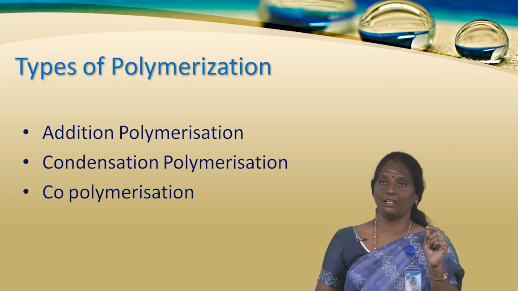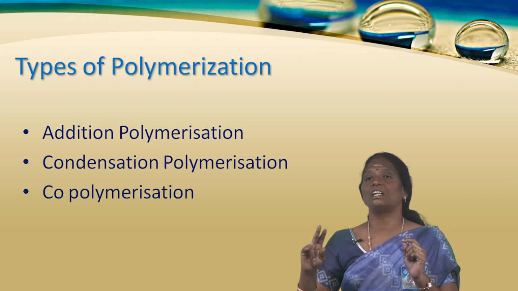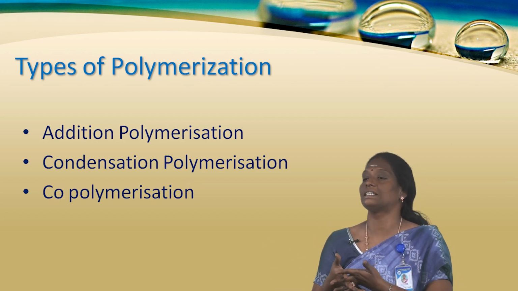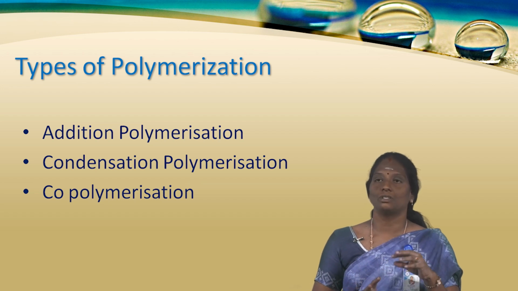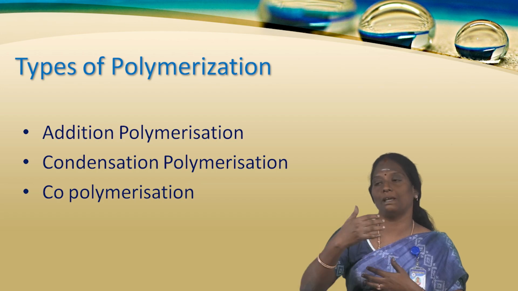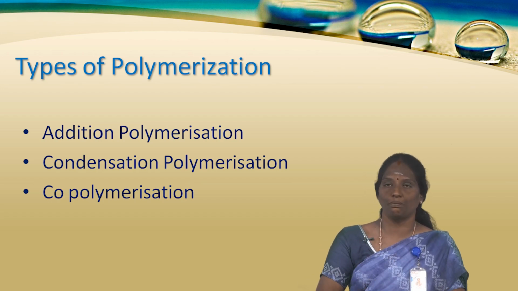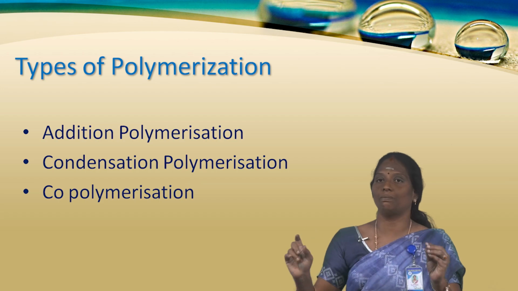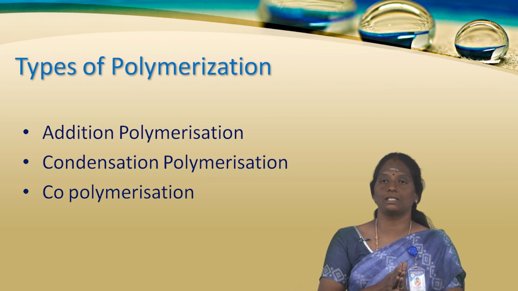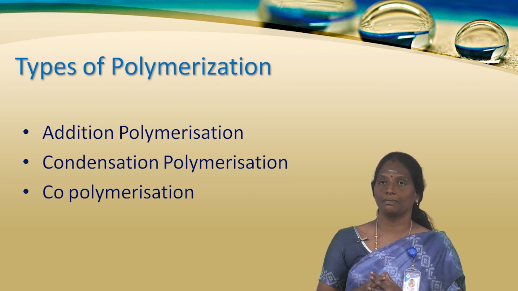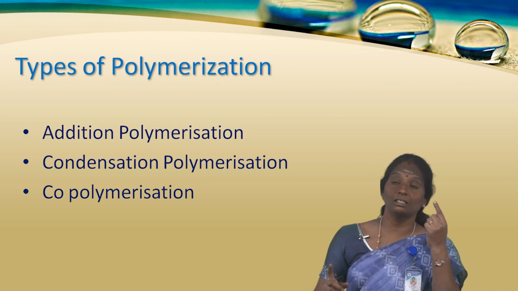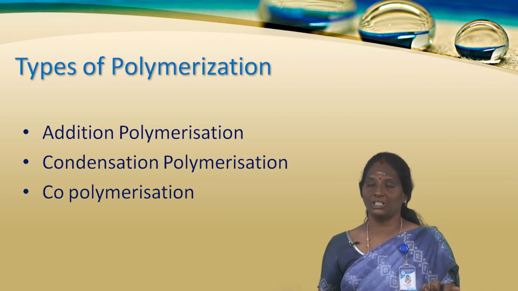Monomers having same or different types of functional groups undergo condensation polymerization. So, that means the different functional groups can combine and form a polymer. That polymerization process is called as condensation polymerization. The polymerization proceeds by stepwise reaction between the reactive functional groups and the small molecules are eliminated.